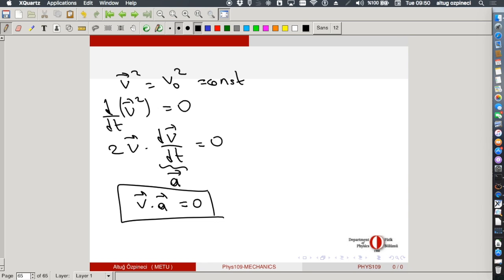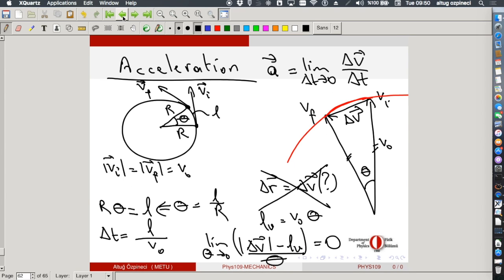How can we define this direction? Well, in this figure, you have the direction already. At this instant, we already know that, okay, this is the velocity vector. For this theta, this is the direction of acceleration, this is the delta v, so that is the direction of the acceleration also for that theta.